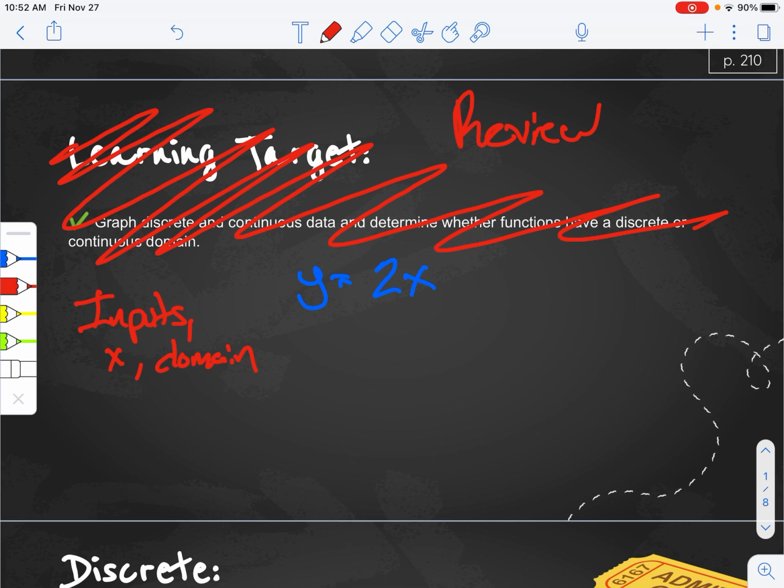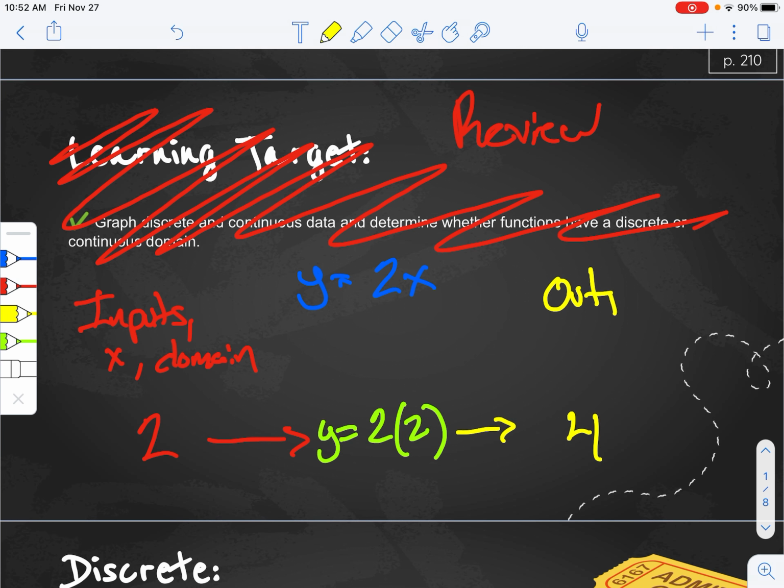So if we have an input, and let's just say it's the number 2, we take that input, put it into our function, and then what we get, 2 times 2 would give us 4, is our output, or our y value. That's why it's y equals, or we would also call it our range. Okay, so all these things talk about this number 4.